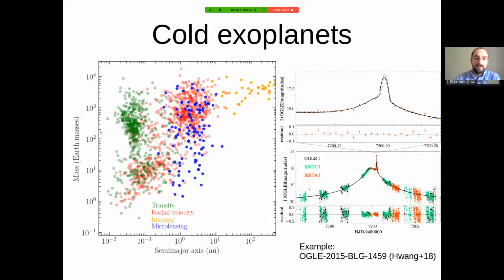So as you can see, most of the nearby closely orbiting planets have been found by transits.